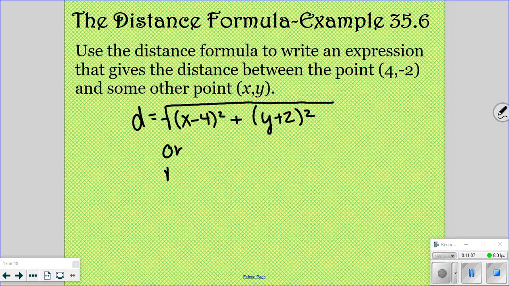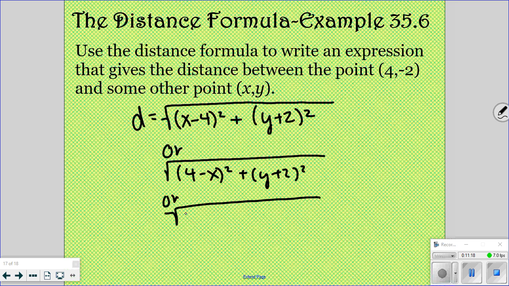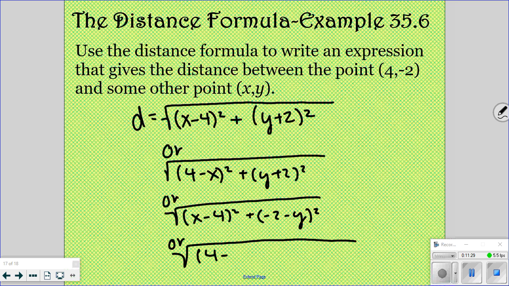Or you could do 4 minus x squared plus y plus 2 squared. Or you could do x minus 4 squared plus negative 2 minus y squared. Or you could do 4 minus x squared plus negative 2 minus y squared. Any of those would work.